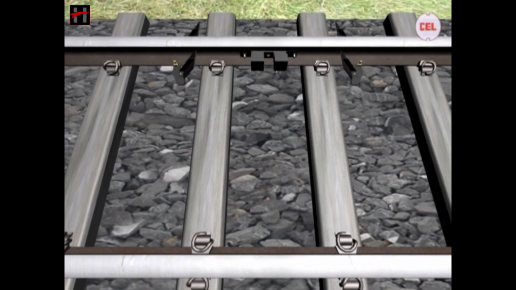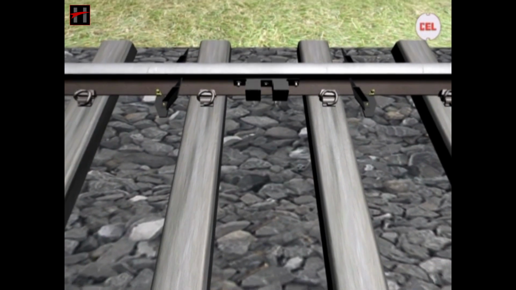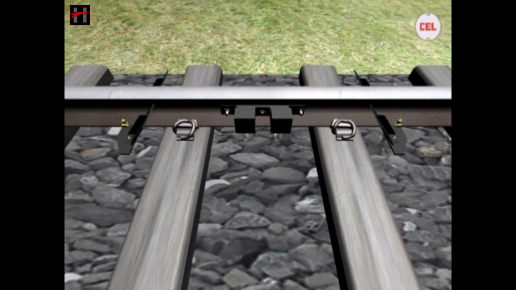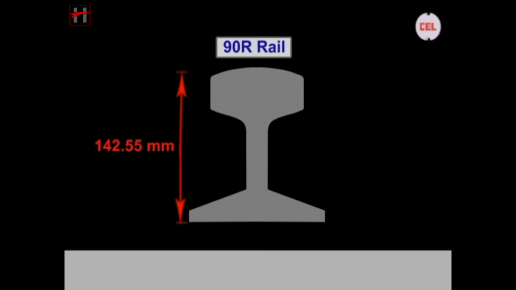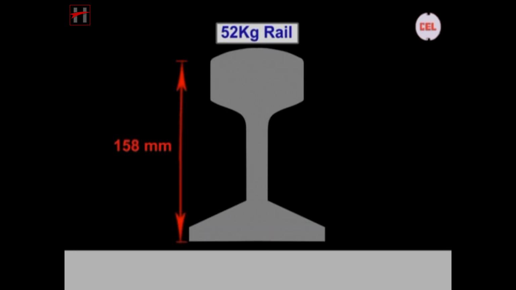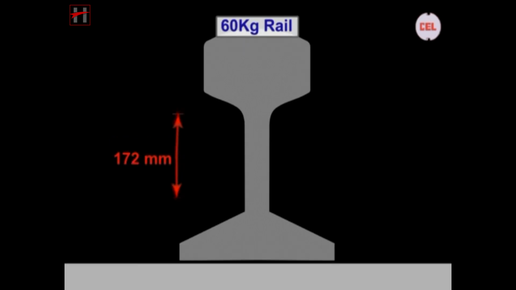Ensure that the axle detectors are fixed in the clear spacing of 400 mm between the two sleepers. 3. Ensure that the size of the rail is 90 R or 52 kgs or 60 kgs only.